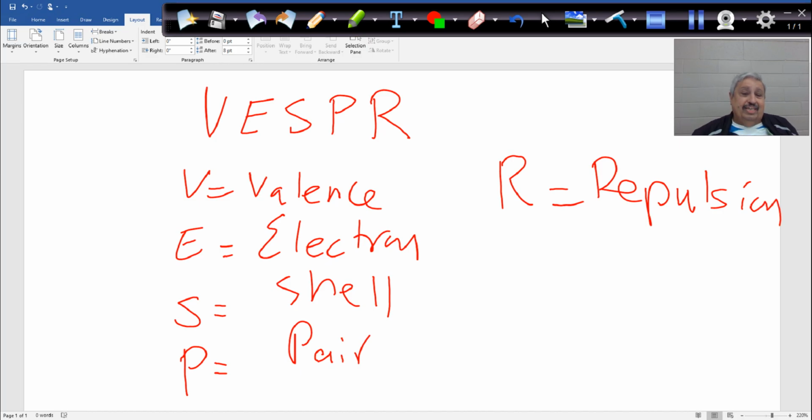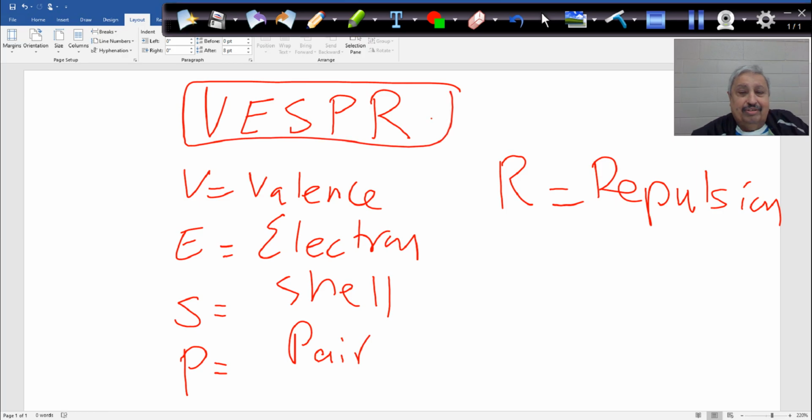What it really says is that this is a method to determine the shape of the molecule.